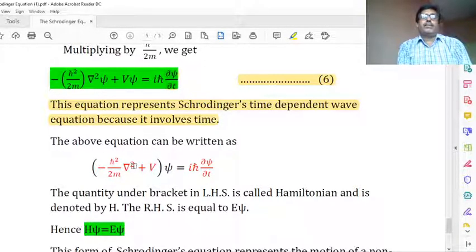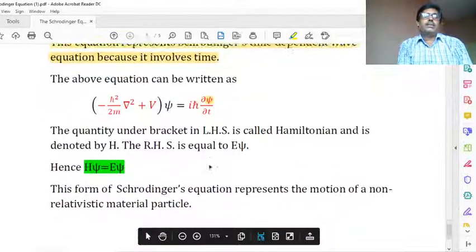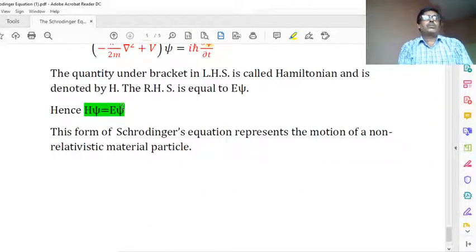The term under bracket on the left hand side is called the Hamiltonian, denoted by H. So we may write H here, and this term is equal to E psi. So H psi is equal to E psi. This is also the Schrodinger equation, but it represents the motion of a non-relativistic material particle.